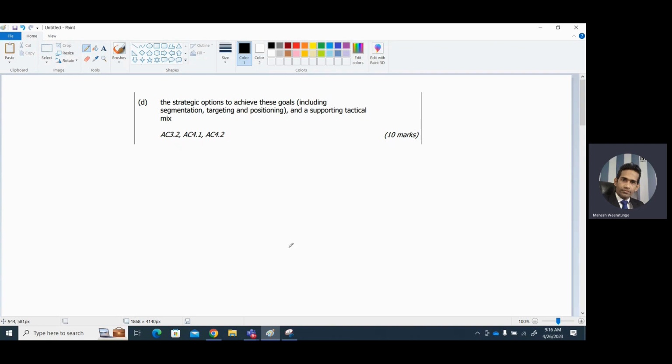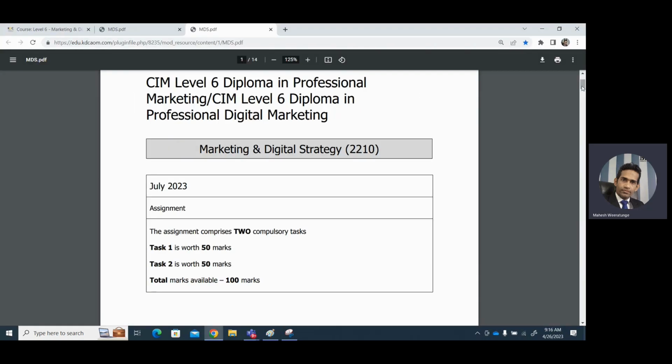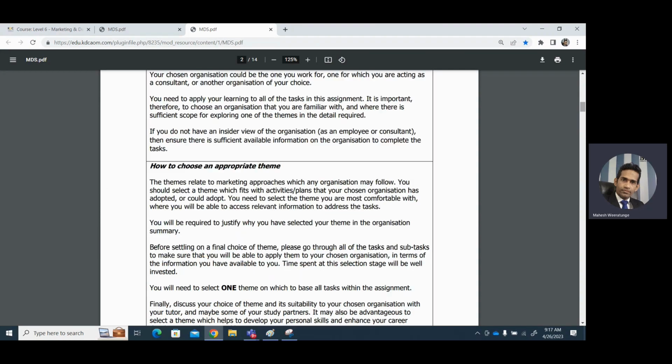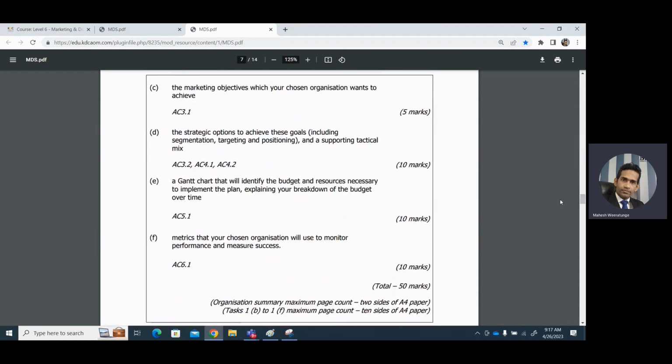And remember, as you all know, in your Marketing and Digital Strategy assignment, task 1 part D gets 10 marks. And from task 1 part B to F, you have to allocate a total of 10 sides of A4.